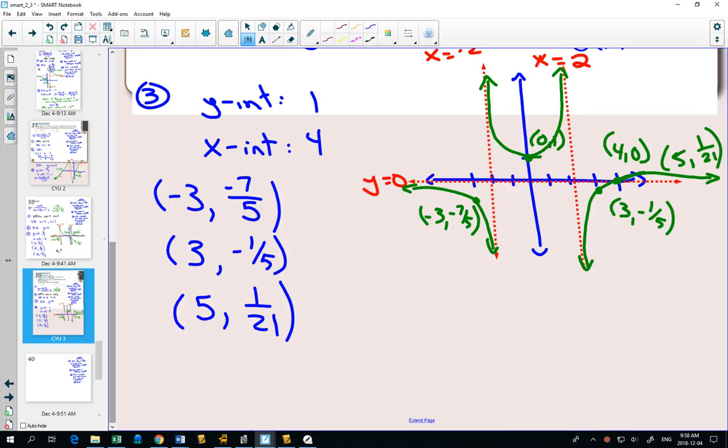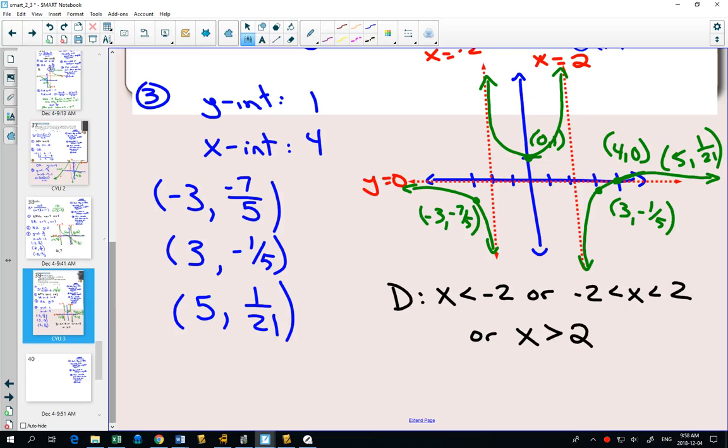The question asked us to write our domain. If you used set notation, you would say that your domain is x is less than negative 2, or x is between negative 2 and 2, or x is bigger than 2.